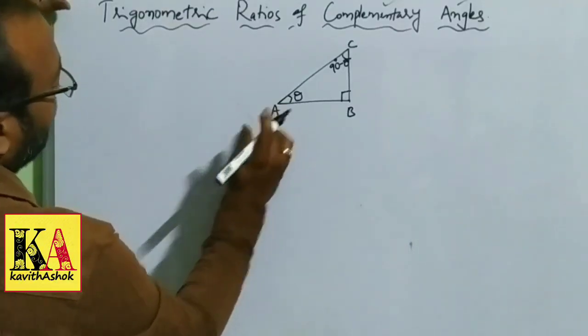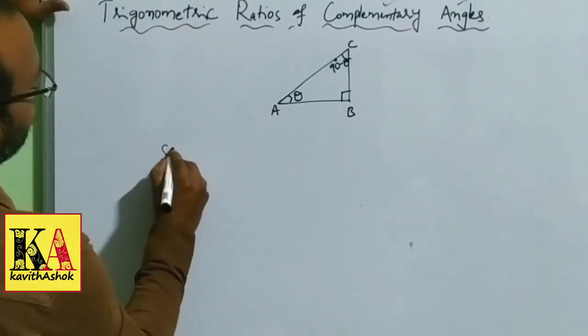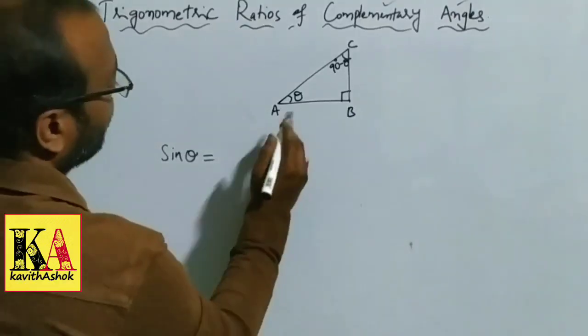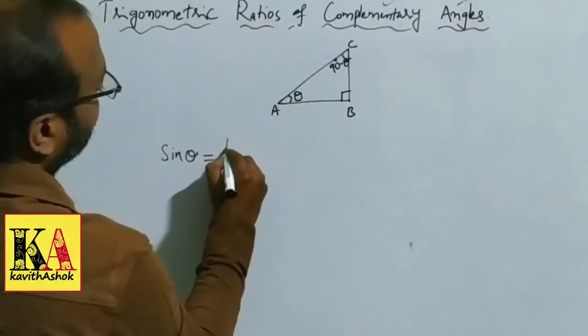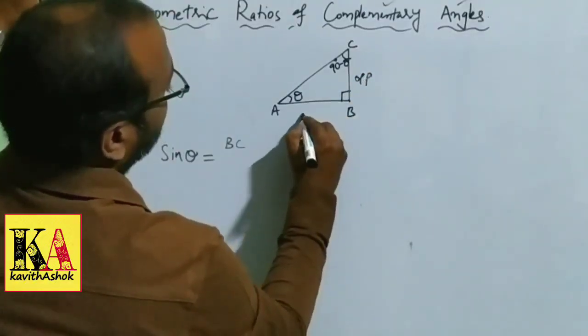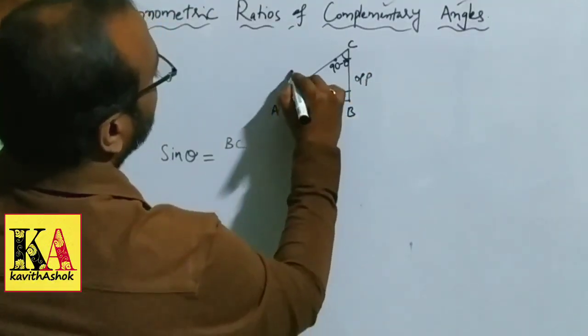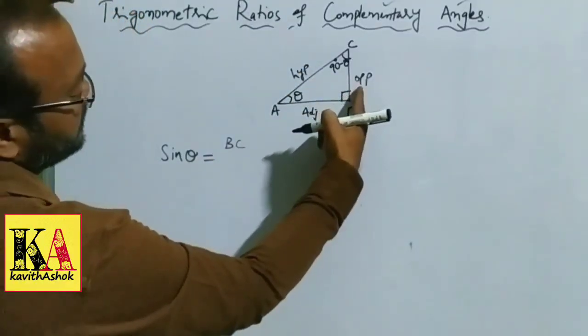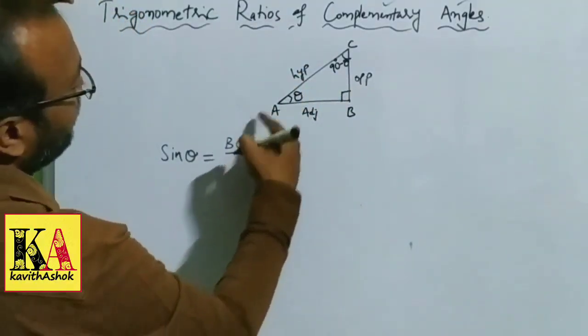Suppose here we are applying sine. Sine theta is equal to what? Opposite side. This is the opposite side, this is the adjacent side and this is the hypotenuse. So sine theta is equal to opposite side by hypotenuse, BC by AC.